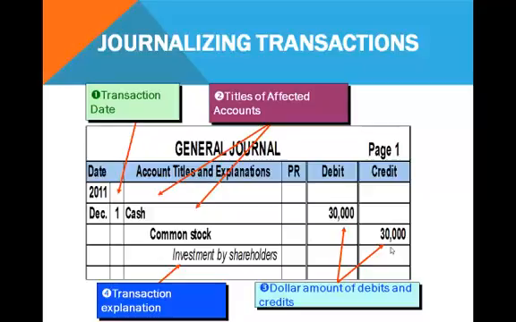Finally, we prepare a brief description, just one little line, of the transaction so that other people who view our work will understand the nature of the transaction. This explanation is indented about as far as the credited account titles, just to avoid confusing it with the accounts, and it's usually italicized. If you're doing this by hand, some people will write this in longhand or cursive just so it'll be obvious that it's not an account, it's an explanation.